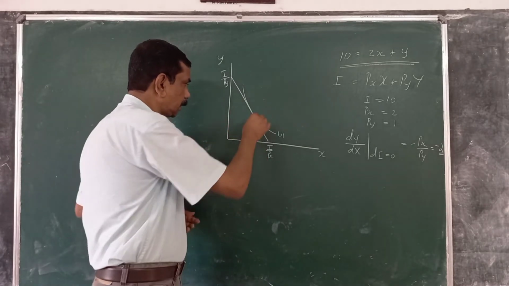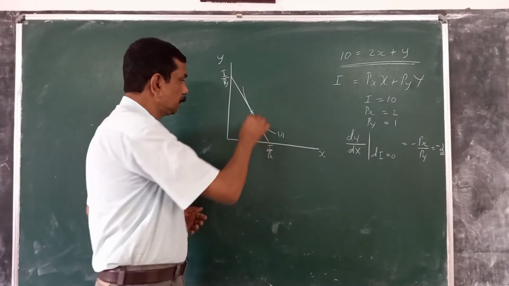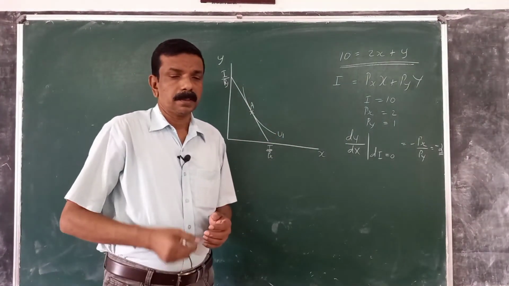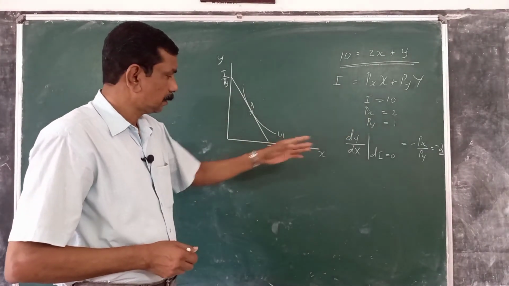The budget line is tangent to U1 at, say, point A, when the price of the commodity X is Px.